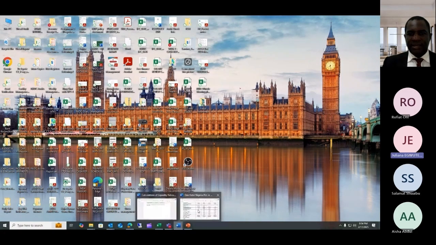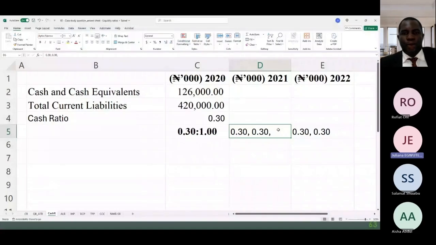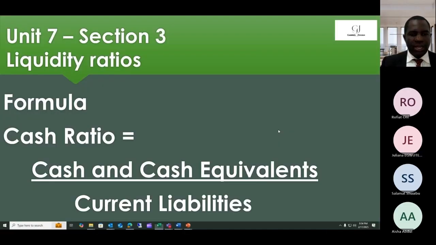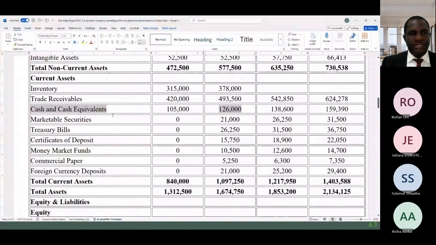Excuse me, sir. In case they don't clearly state it, because this is a giveaway, and I don't think any examiner will give us cash and cash equivalent like that, what exactly are we supposed to pick? Okay, good. Let's go to our components now.